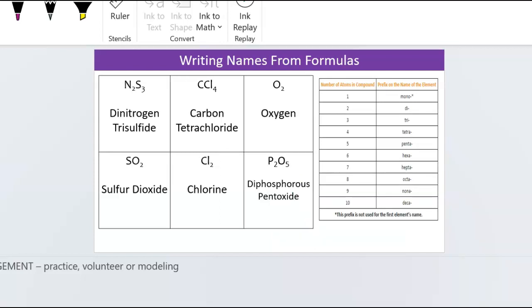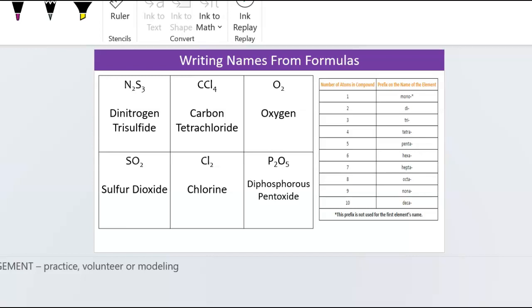We have dinitrogen trisulfide, carbon tetrachloride, oxygen again, because it's a diatomic molecule we just say oxygen, sulfur dioxide, chlorine is a diatomic molecule so we could just say chlorine, and diphosphorus pentaoxide.